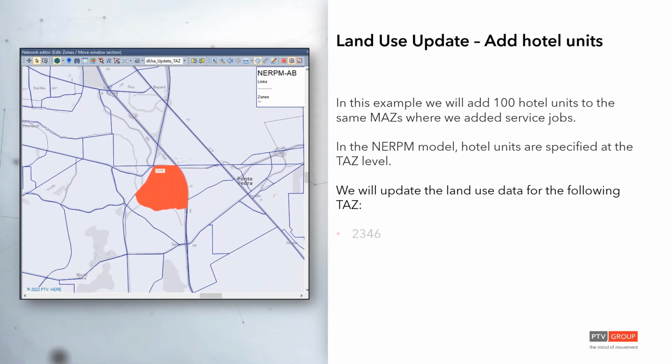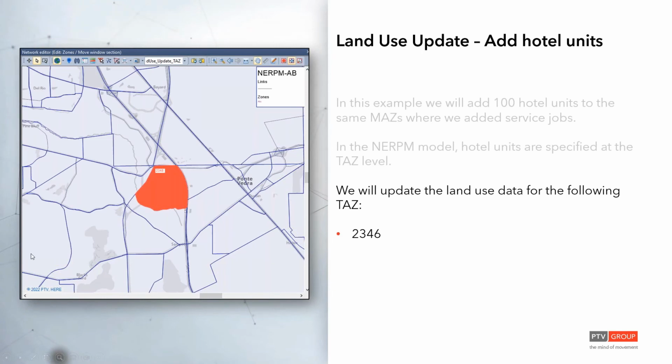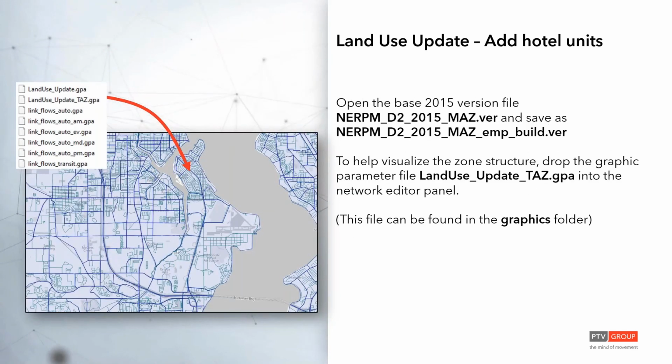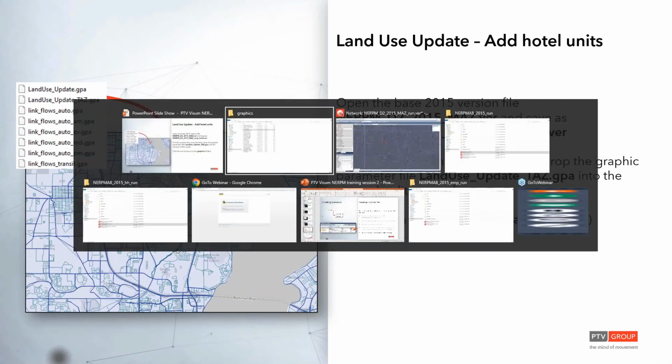And the zone which contains the two MAZs where we made employment changes, zone 2346. So this time we'll make changes in zone 2346. All right. So the process is again the same.